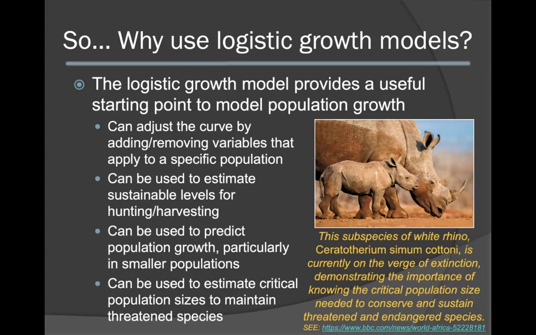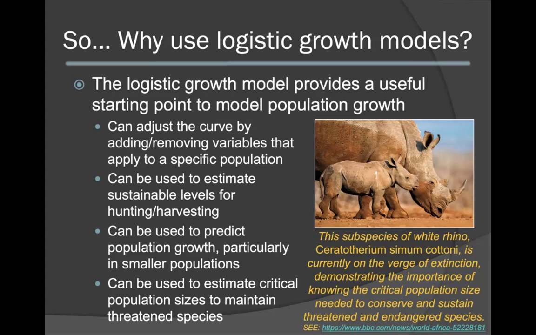The model can also be used to estimate sustainable levels for hunting and harvesting by defining the death rate as well as the emigration rate and ensuring that these variables do not cause the population size to decrease. Logistic growth models can also be used to predict population growth and are particularly useful in smaller populations.